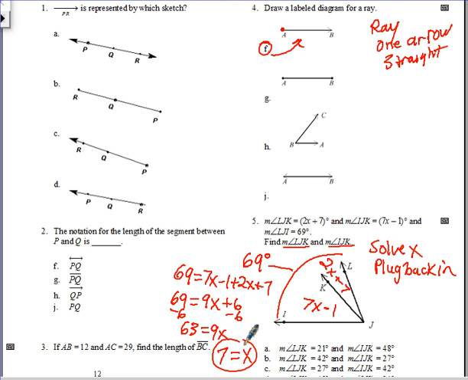But am I finished? No. I've already solved for x, and now I have to plug x back in. So if I plug in 7 here, and I plug in 7 right here, we know that IJK must be 48 because we have 49 minus 1. So my answer for number 5 has to be A.